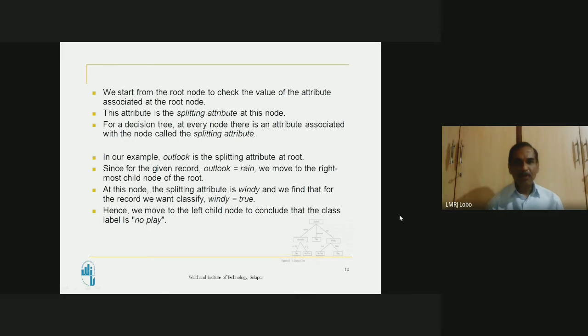We start from the root node to check the value of the attribute associated with the root node. For a decision tree, at every node there is an attribute associated with the node called a splitting attribute, where we split in different directions. In our example, outlook is the splitting attribute at the root.